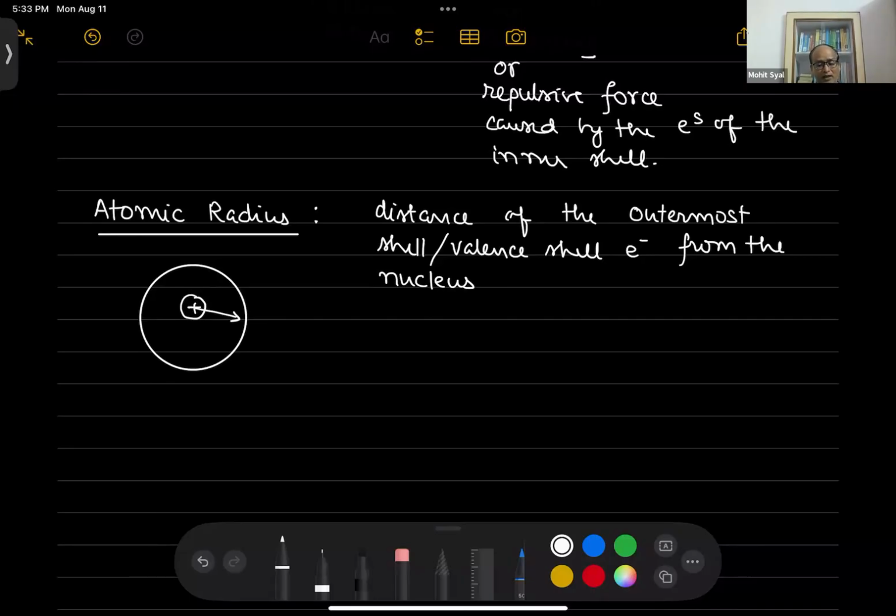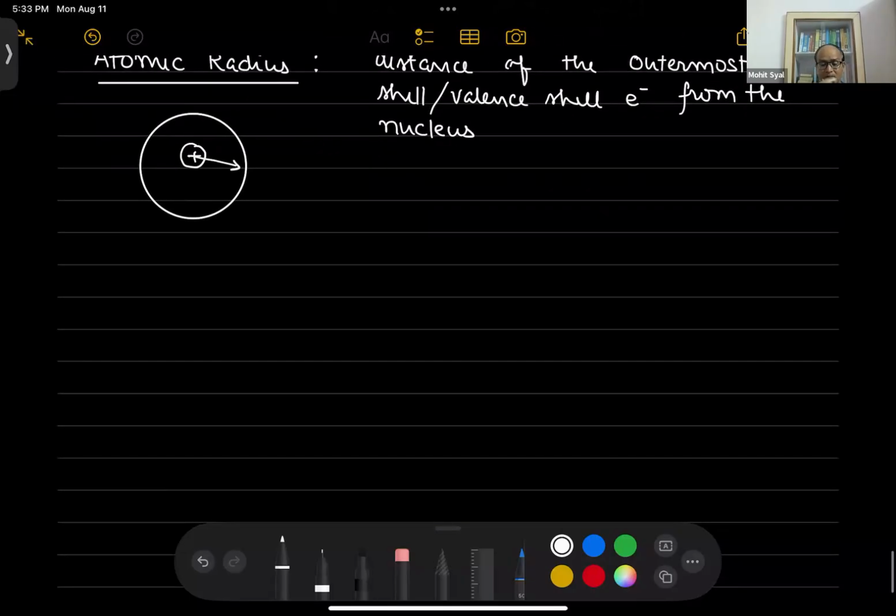Why am I saying so, Nabila, that if I give you a single atom, it is not possible to know the size? Each atom can have different sizes. Suppose I gave you a single sodium atom. Actually, I can't give you one, but imagine you get a single sodium atom.